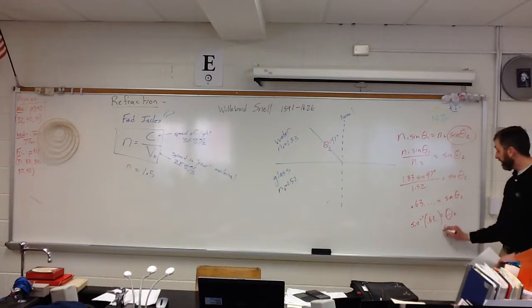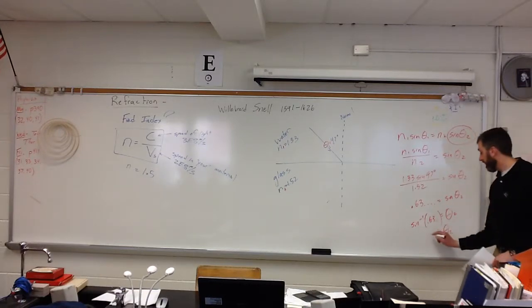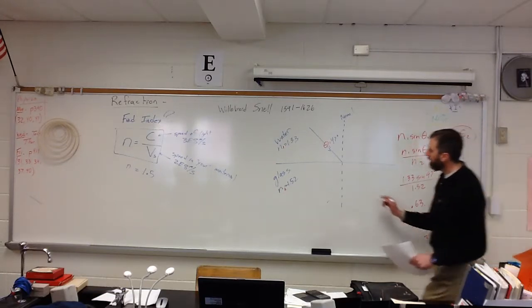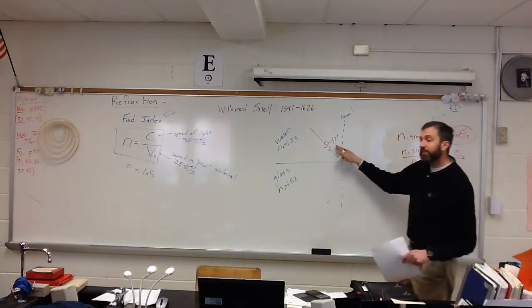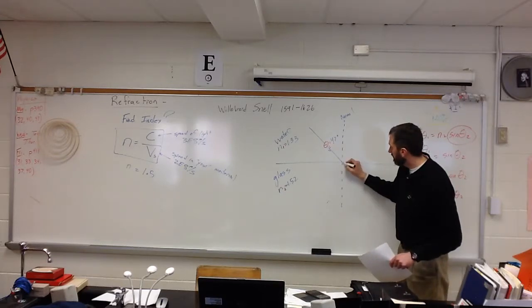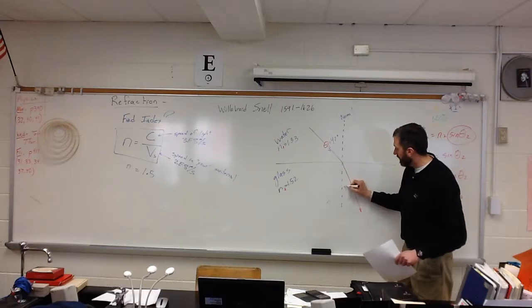And I get 39.7 degrees. So that tells me that if I come in at 47 degrees, it's going to bend and end up being 39.7 degrees, which is our theta 2.